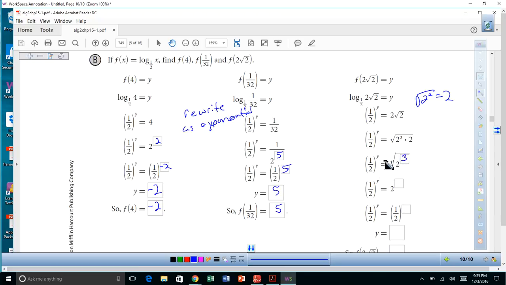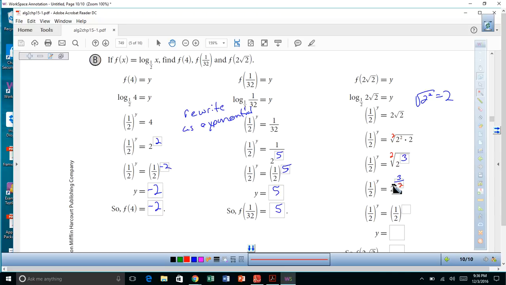And now this is kind of tricky. This is a square root, right? So we put a 2 right there, and we can rewrite this as a fraction, 3 over 2. So (1/2) to the y power equals 2 to the 3/2 power.